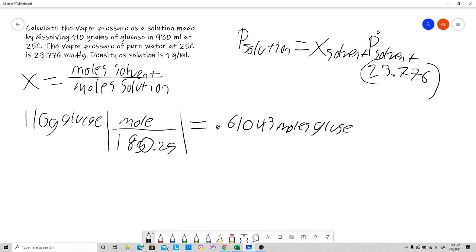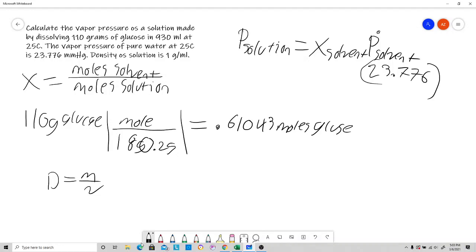So now we just need the moles of the solvent. The density is mass divided by volume.